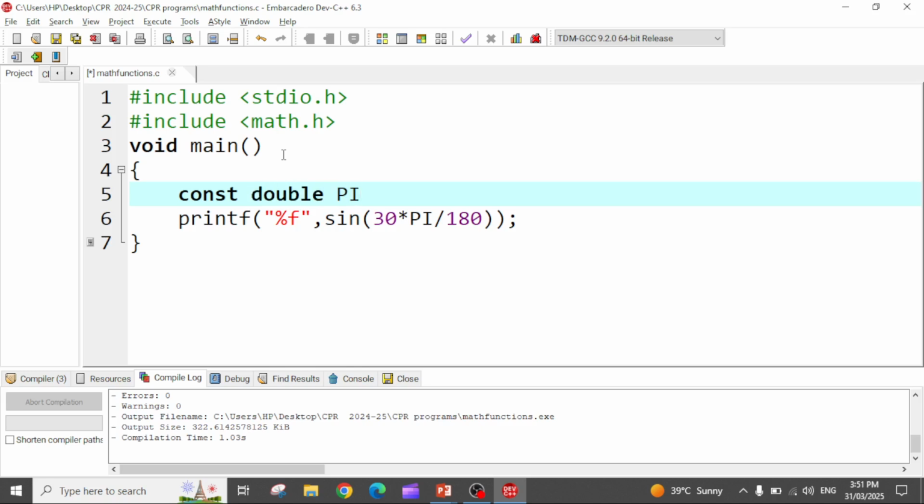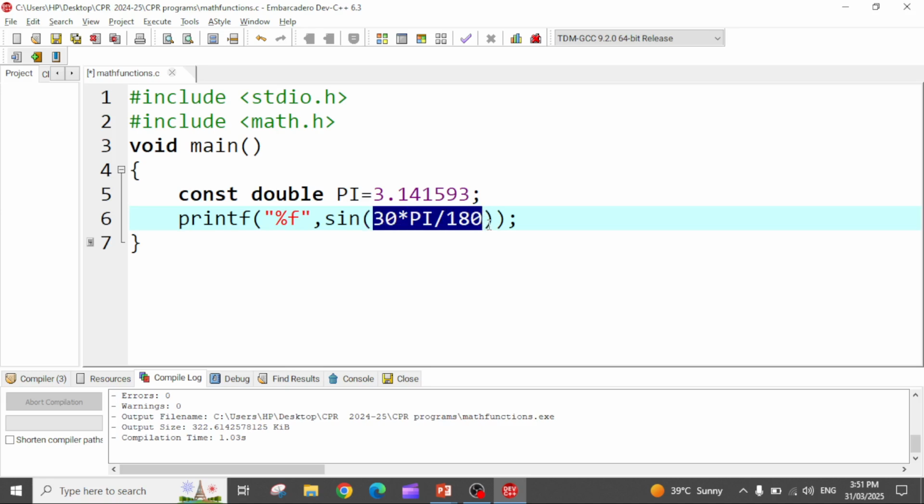Pi is a constant value and the approximate value of pi is 3.1415926. So 30 degree is now converted into radian by multiplying it by pi by 180.